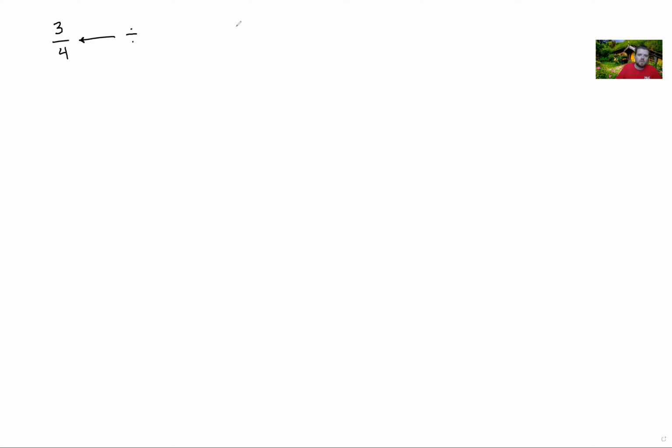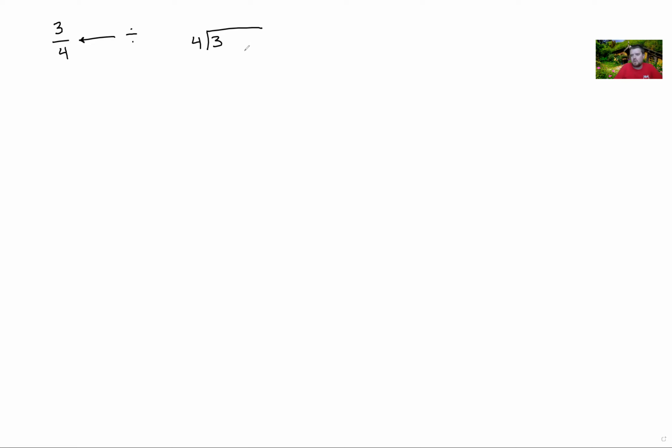So if I wanted to convert this to a decimal, I can do 3 divided by 4. That's another common error where if I say 3 divided by 4, if you put the 3 on the outside and the 4 on the inside, you're going to get an entirely different number. So be careful with that. And I'll talk about that in just a second, but let's do this first.